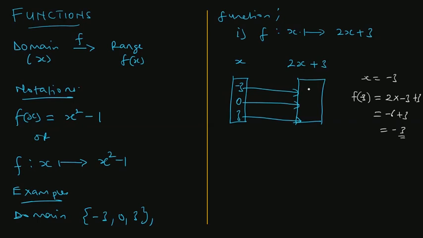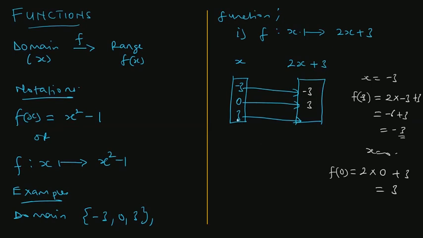So we have -3 here. Do the same when x is 0. Then our range is 2 times 0 plus 3, so f(0) is equal to 3.